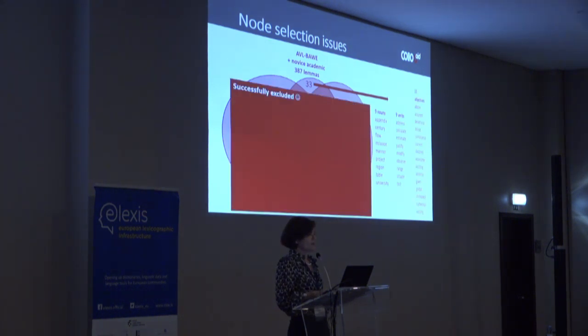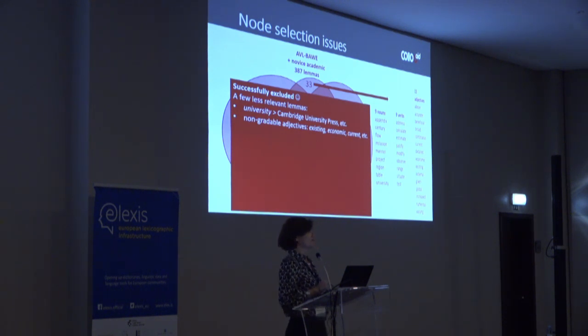So we successfully excluded a few less relevant lemmas, like university in references, like Cambridge University Press, Oxford University Press, etc. We successfully excluded non-gradable adjectives, which are not really relevant for collocation purposes. But we missed maybe lexical teddy bears, words and lemmas that students overused.